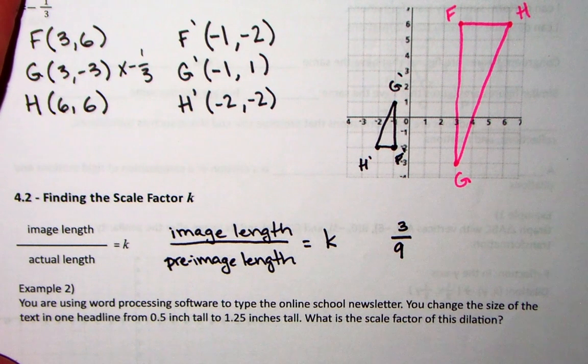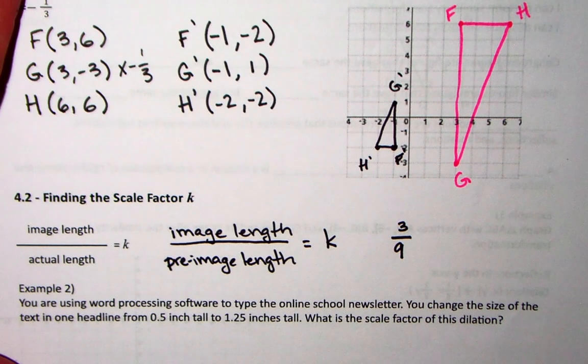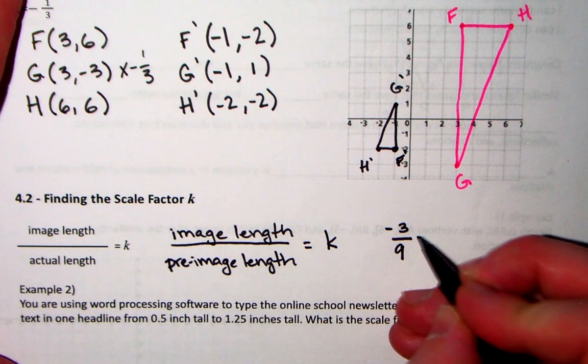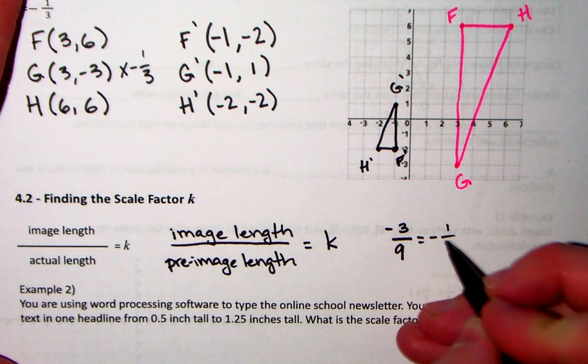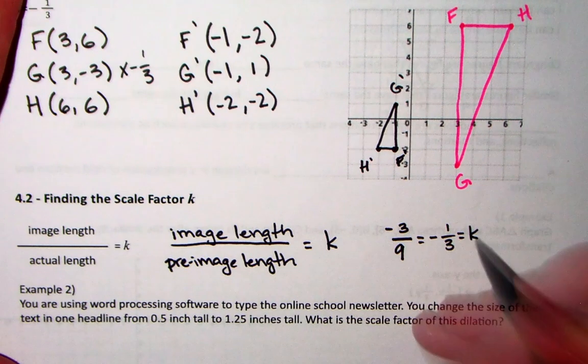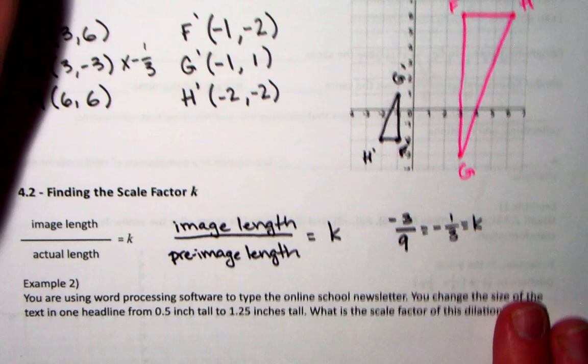I honestly picked a bad example here. Since they do invert, we'd want to make one of those numbers negative, but nevertheless, it reduces to negative 1/3. And that was the k in the previous example. So kind of a bad example, but let's look at some other ones here.